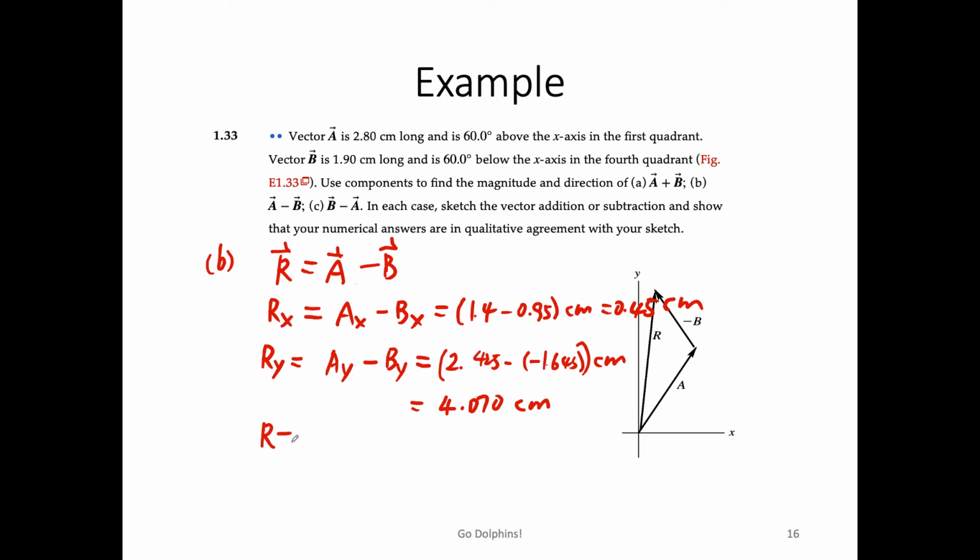We're able to find the magnitude. And we're able to find the angle. Tangent theta is Ry over Rx.